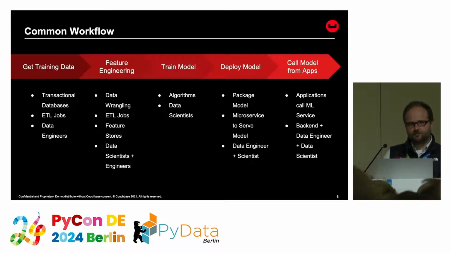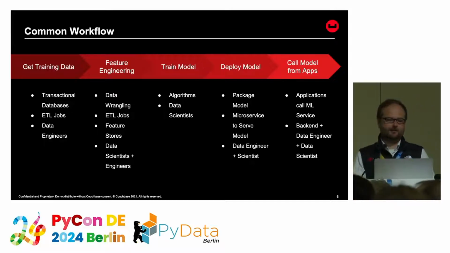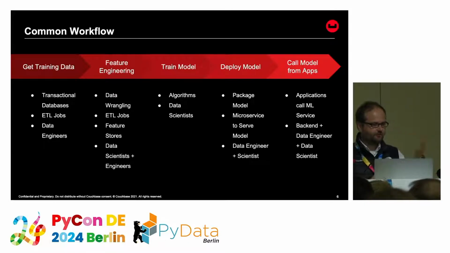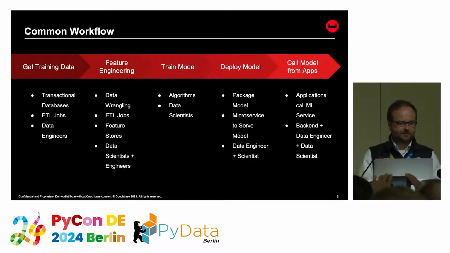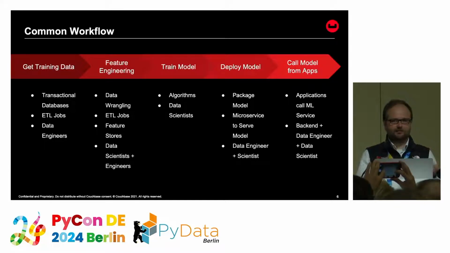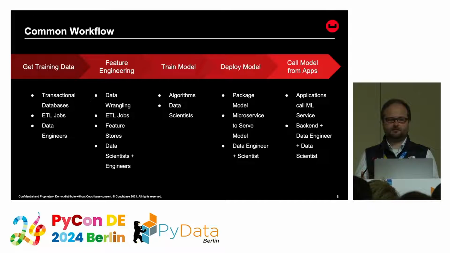So how do you usually do ML? There are a few steps you usually follow. The first is getting the training data. Everything you collect, you need to store somewhere, or it might be generated out of something. That's usually your operational database, your transactional database, where you have the data inside.